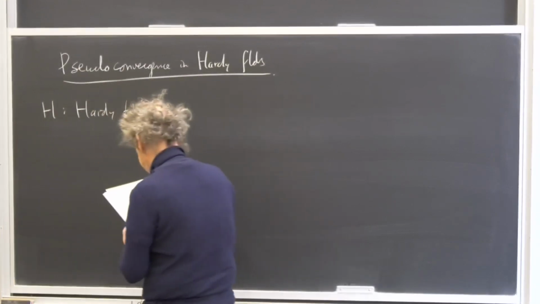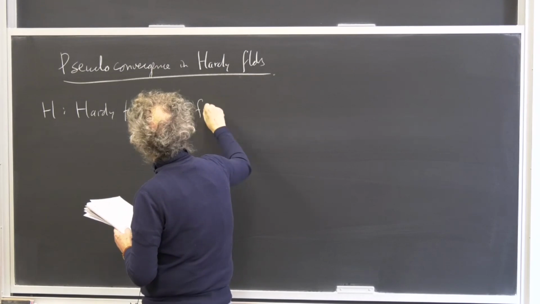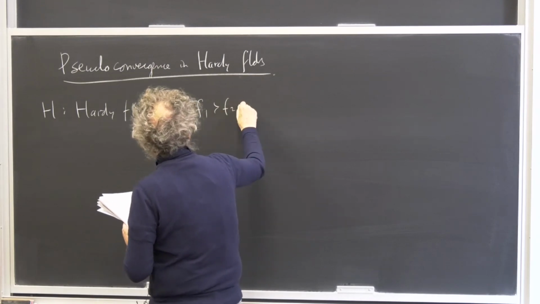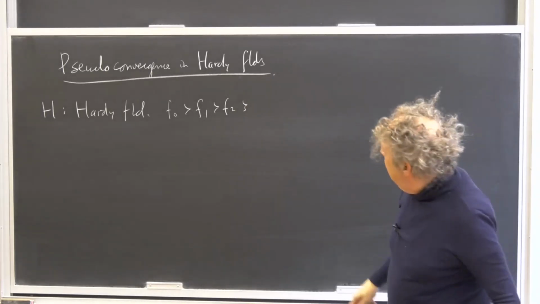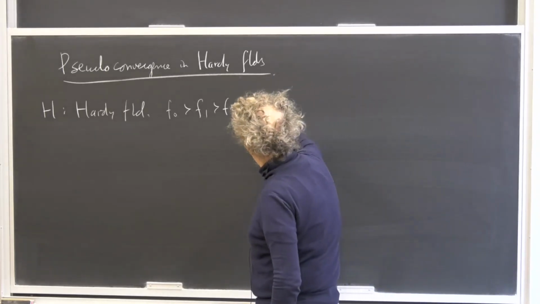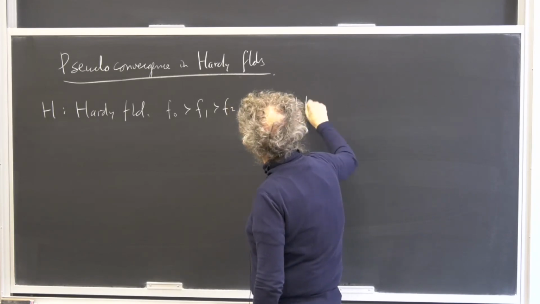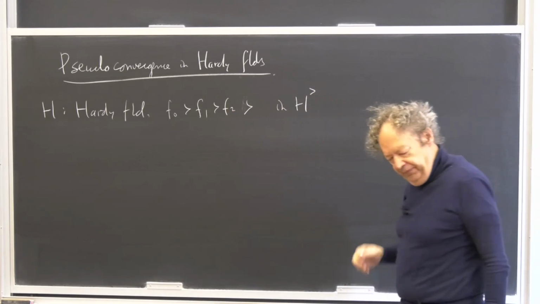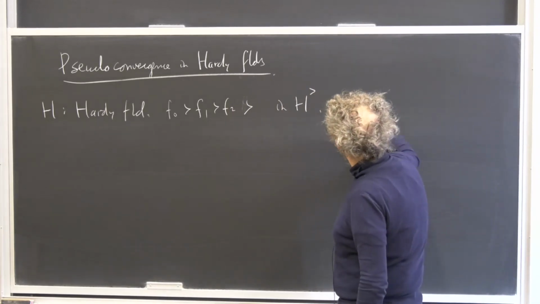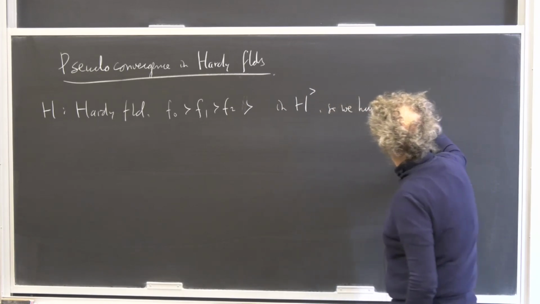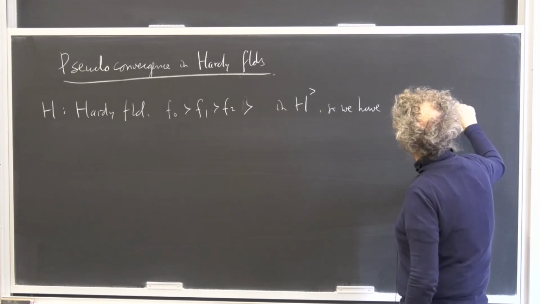And we will fix a sequence of germs, rapidly decreasing in size. They are all positive, and so we have the Cauchy sequence.